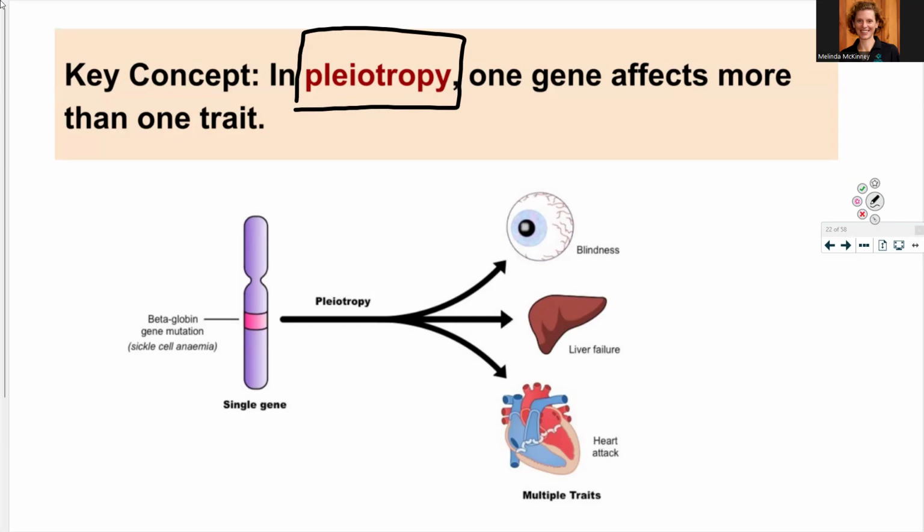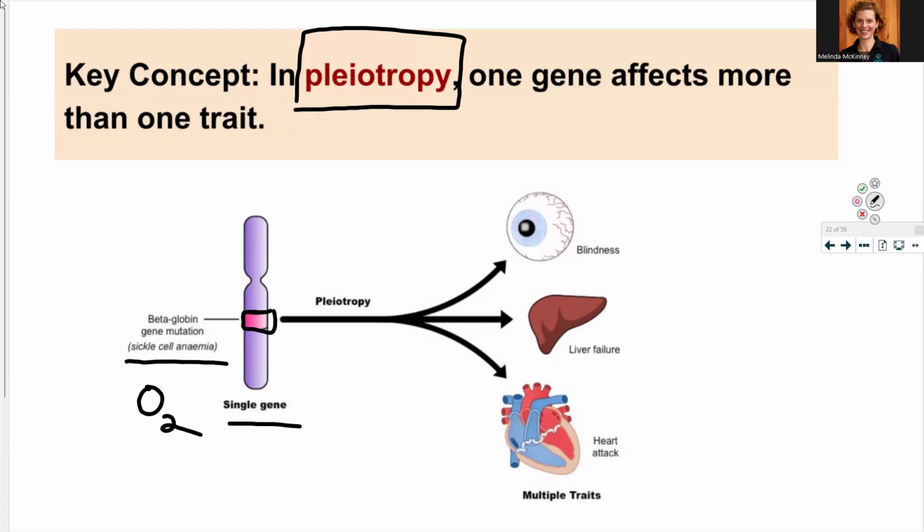So the example here, you've got one gene, this chromosome. This is a mutation in the gene for sickle cell anemia. This gene is going to be part of hemoglobin, which is in our red blood cells. And that's important for carrying oxygen all throughout the body.